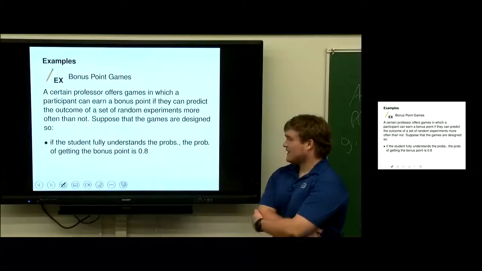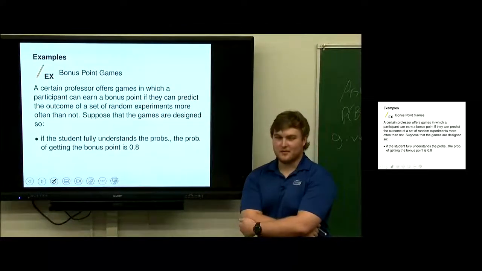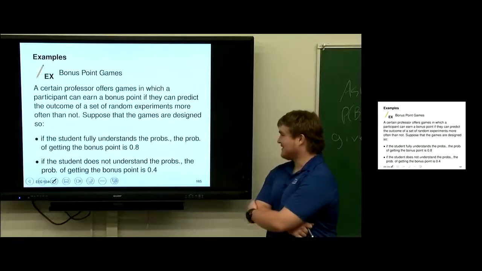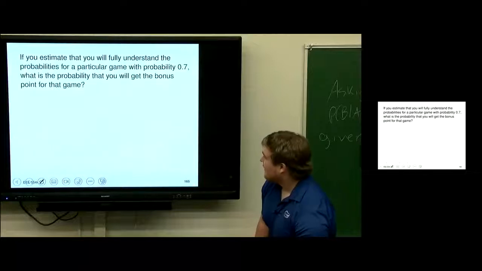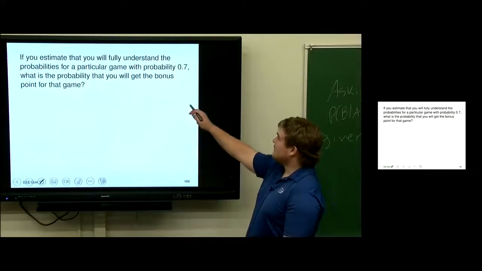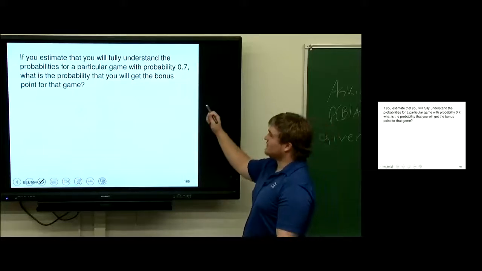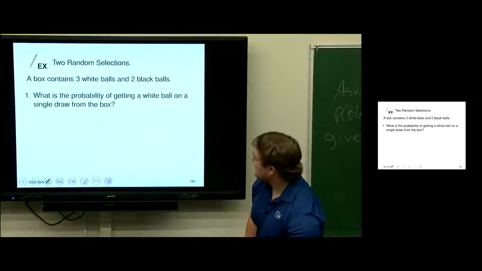If the student fully understands the probabilities, the probability of getting the bonus point is 0.8. If the student does not understand the probabilities, the probability of getting the bonus point is 0.4. And if you estimate that you will fully understand the probabilities for a particular game with probability 0.7, what is the probability that you will get the bonus point for that game?